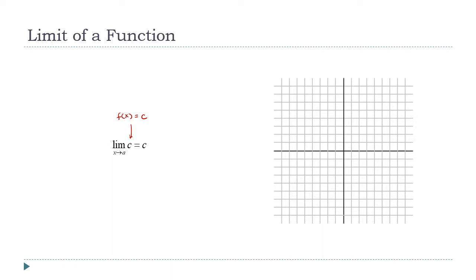So let me draw a horizontal line here, right? And this will be our graph. The graph of our function, f of x equals c. Okay, and where's my limit? We're getting to the point x equals a, so let's put that, just kind of picking an arbitrary spot to put it.